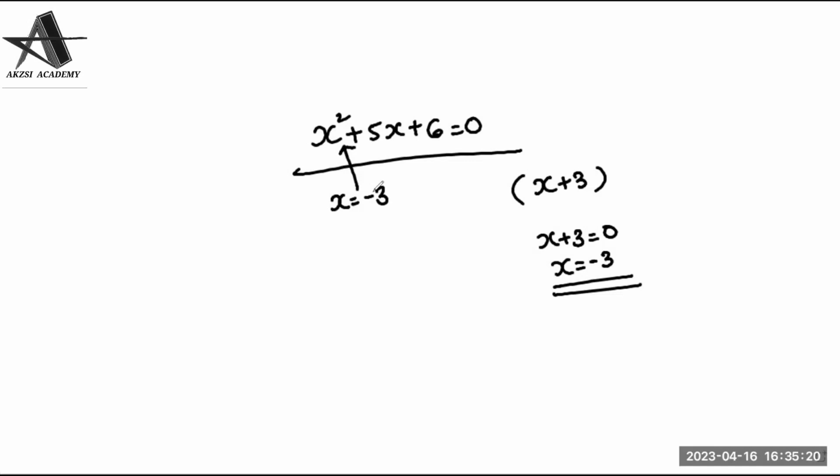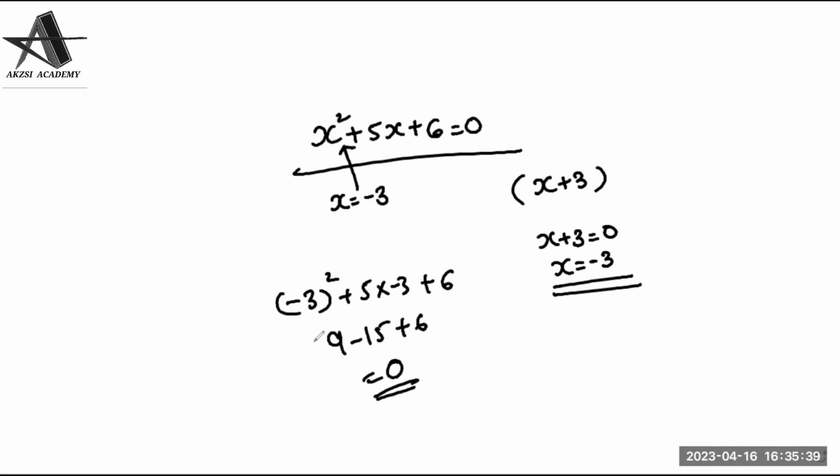That means when I put the actual value of the solution in the given expression, I will get 0 as my answer. So if I put negative 3 here, negative 3 whole squared plus 5 into negative 3 plus 6, that is 9 minus 15 plus 6 equals 0.